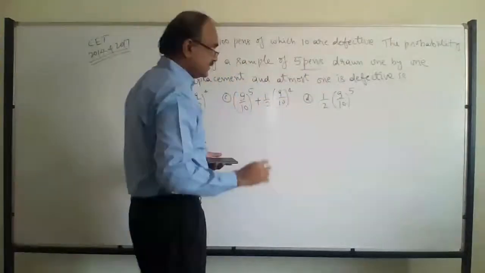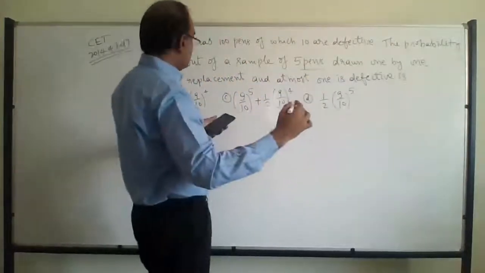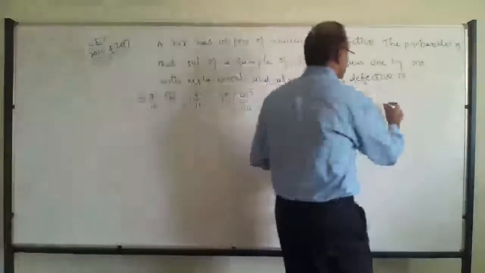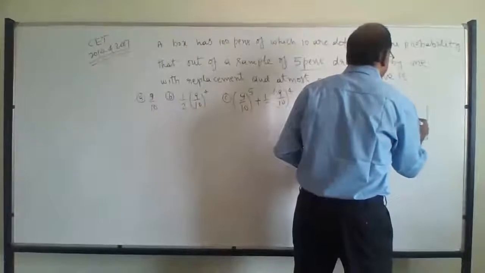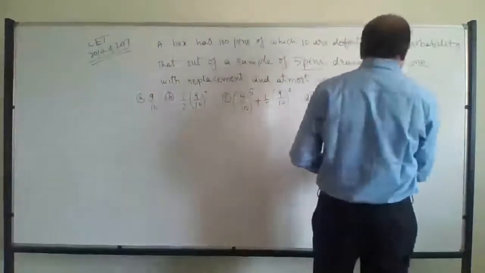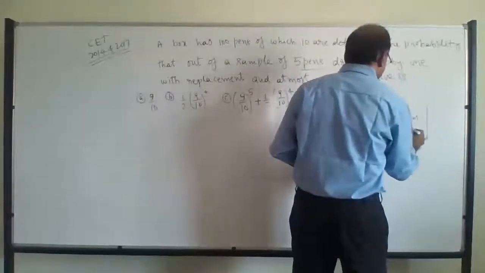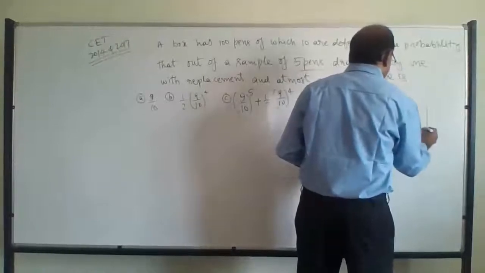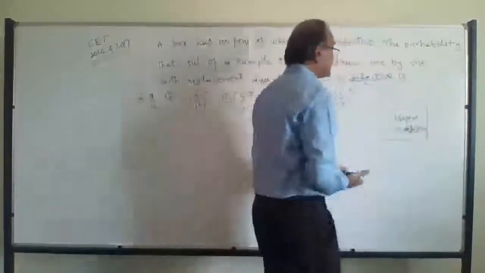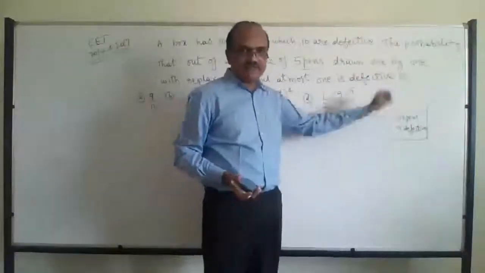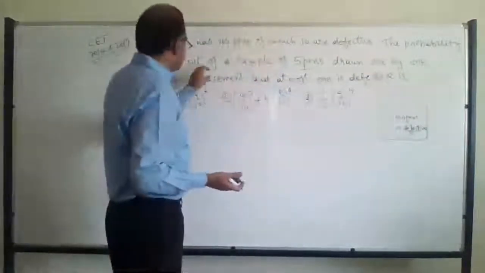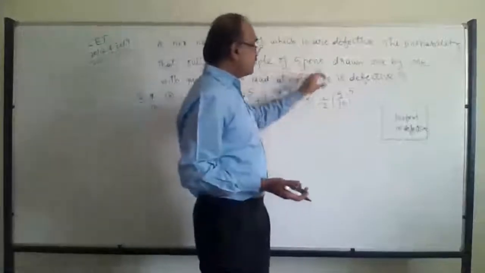You have to imagine that there is a box. In this box you have got 100 pens. In 100 pens, 10 are defective. Now you are just checking samples. You cannot check everything, no? You check 5 samples. Sample of 5 pens drawn one by one.